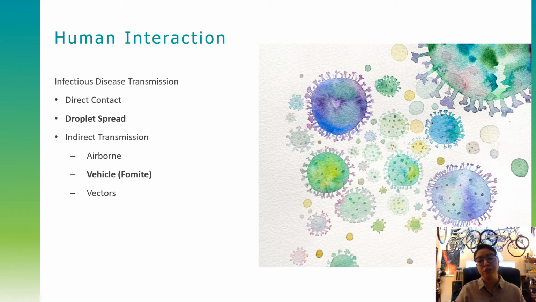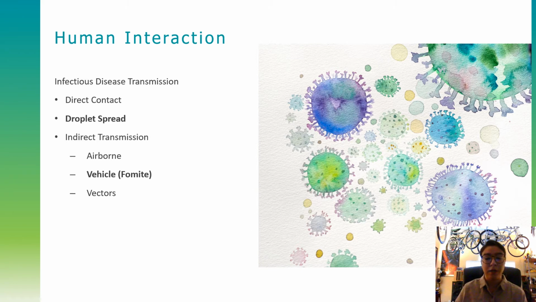That's used to help prevent droplet spread. Or you're starting to see a lot more people wiping down. You see tons of people creating hand sanitizers, and that's really one, to help prevent direct contact, because if you sanitize your own hands, you don't have that spread, but also to help prevent vehicle or fomite transmission, constant wiping down of surfaces and things like that.